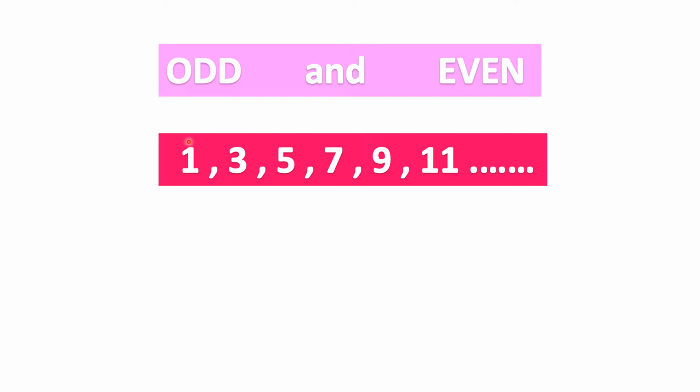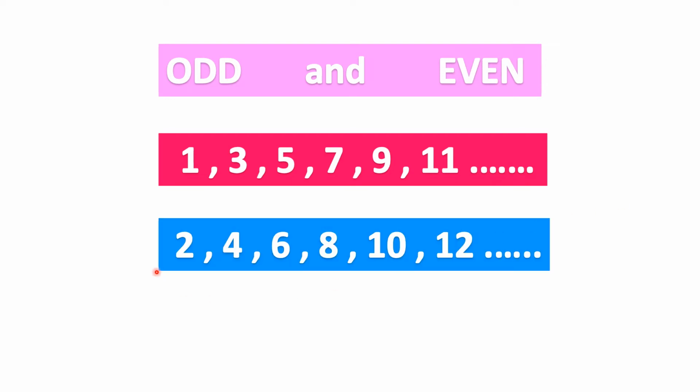Odd numbers are all these numbers: 1, 3, 5, 7, 9, 11, etc. Even numbers are 2, 4, 6, 8, 10, 12, 14, 16, etc. So clearly you can see that even numbers are all in the multiplication table of 2. That means all the even numbers are numbers which are multiples of 2.